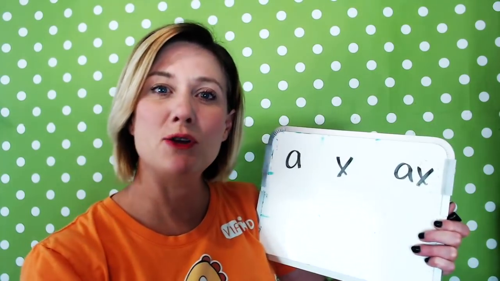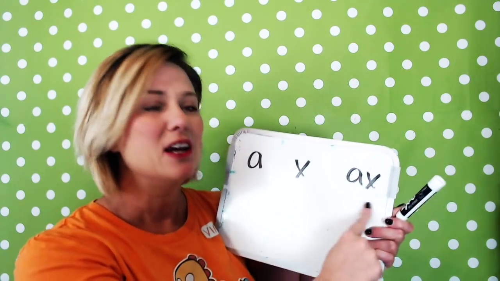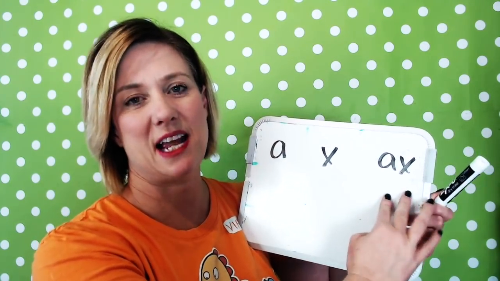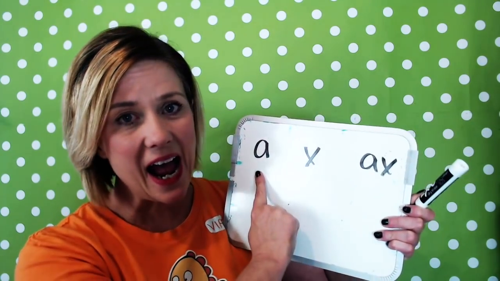Notice I'm using a prop for this slide. We need some kind of means to guide the child's eye to help them blend these sounds. Ah, x, ah, x. If we don't have control of what they're looking at, they may be looking anywhere and we're saying ah, x, and the student is saying ah, x.